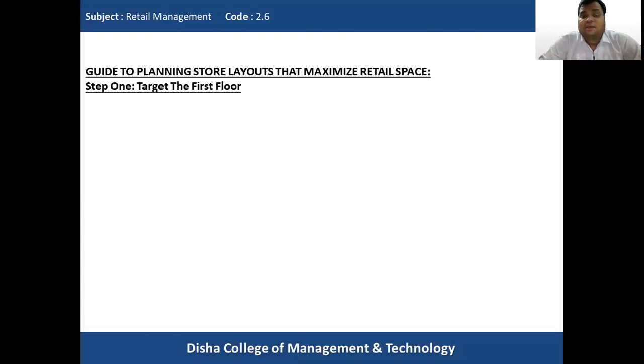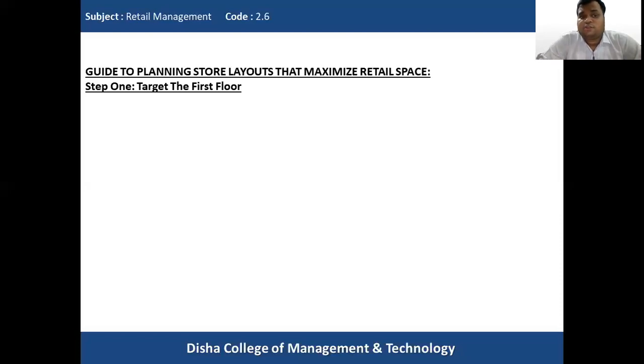Sometimes people also have a certain perception regarding the store. If they believe that the store is an elite store or a very big store, then the store should consist of multiple floors. And when the store is a discount retailer, then the store will be of a single floor.